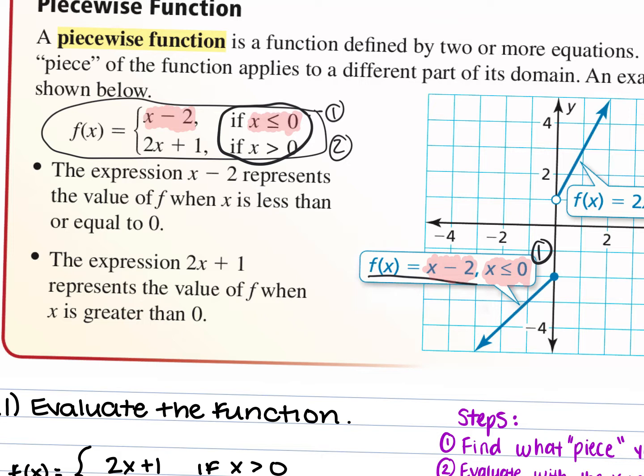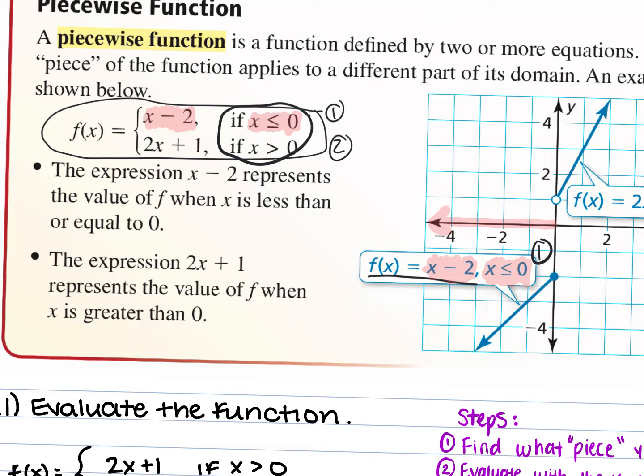Now, what I want you guys to notice is all of the x values to the left of 0, they're all negative. In other words, all of these x values are less than 0. Do you guys agree? So that's why our piecewise function for the left side, for piece number 1, is to the left of 0. Okay?